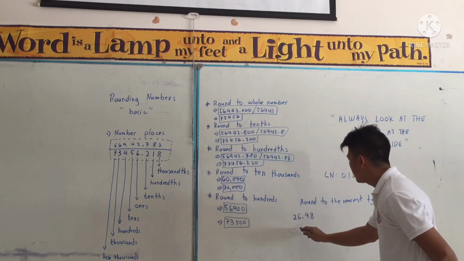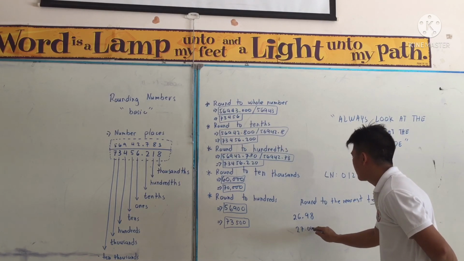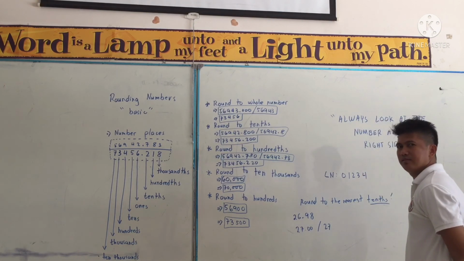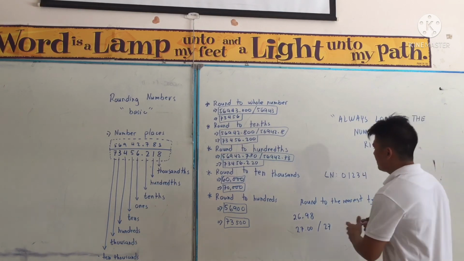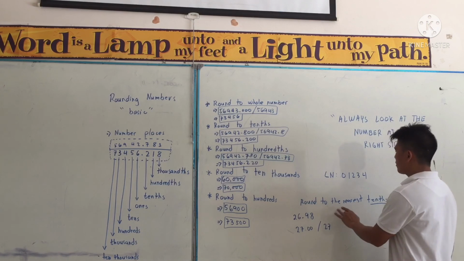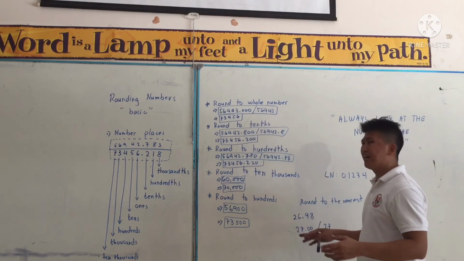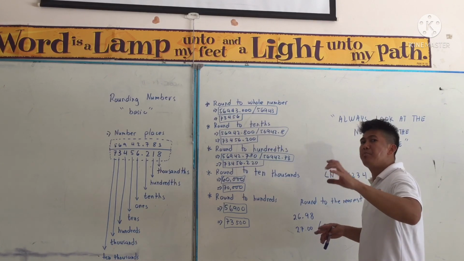So this becomes 27.00, or 27 only. When the number that needs to be rounded off is 9, you make that number 0 and add 1 to the number before.